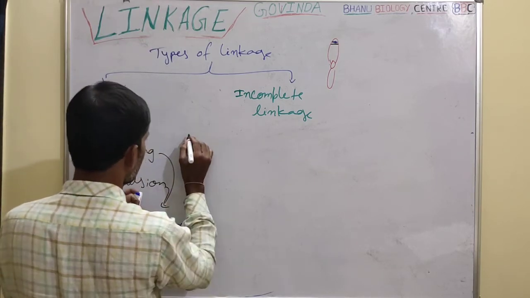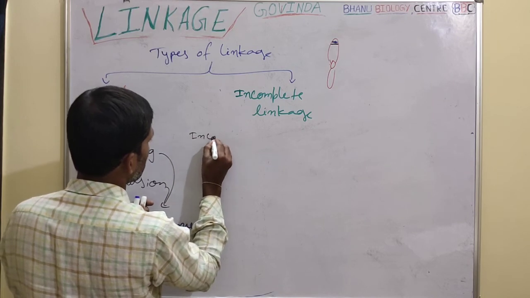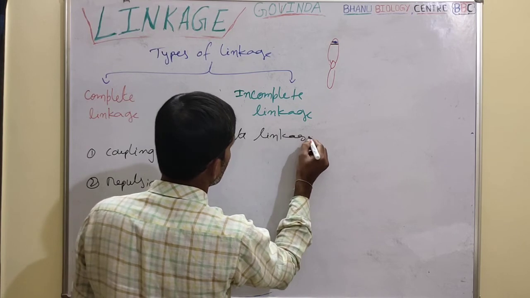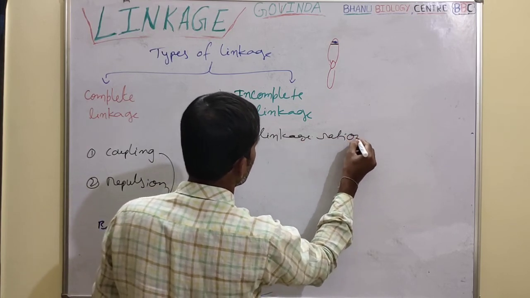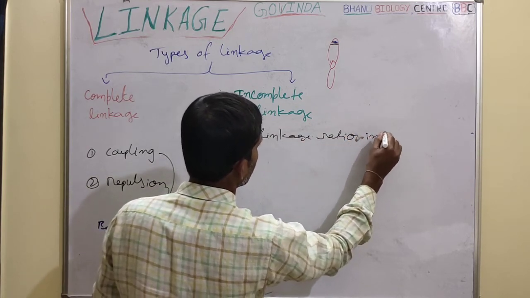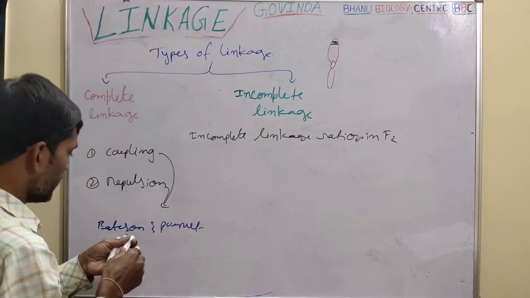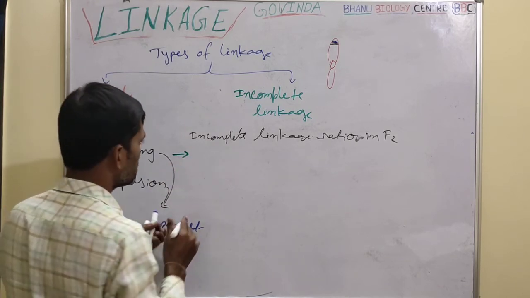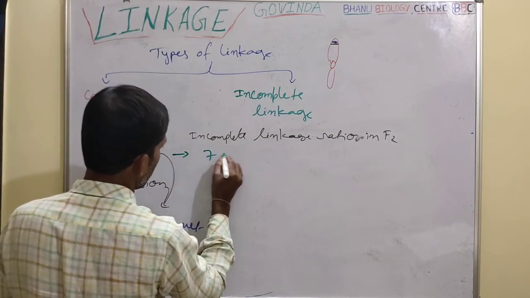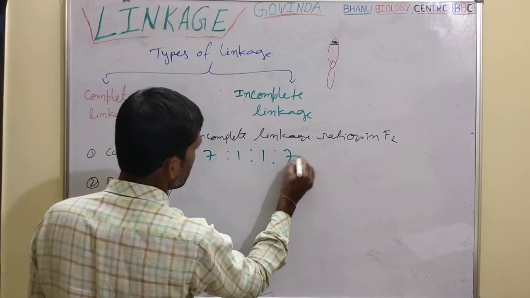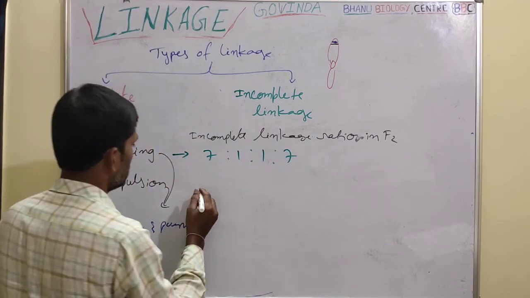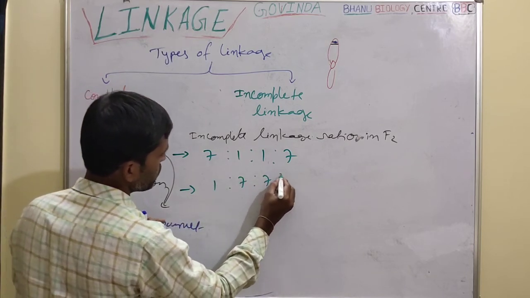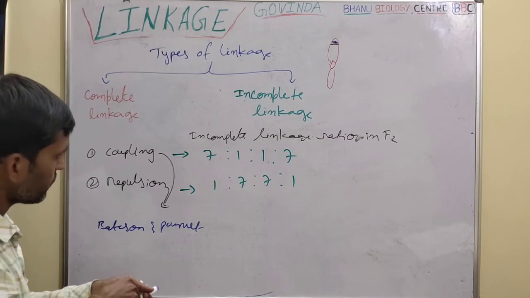So here I am giving you the incomplete linkage ratio in the F2 generation. In case of coupling, the ratio is 7:1:1:7. Okay? In case of repulsion, it is 1:7:7:1.